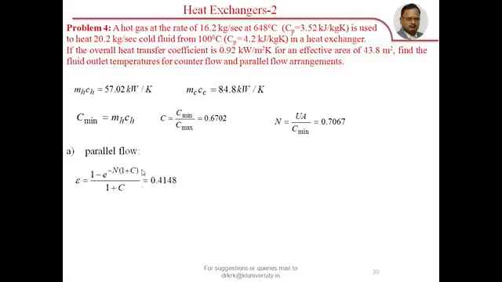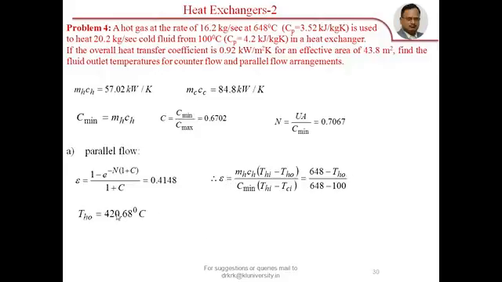Effectiveness formula is 1 minus E power minus N into 1 plus C by 1 plus C, 0.4148. And because C minimum is MHCH, for the actual heat transfer I have chosen MHCH into THI minus THO. So MHCH, C minimum cancels. You will get THO equal to 420.68. Unknown is THO, effectiveness is already known.